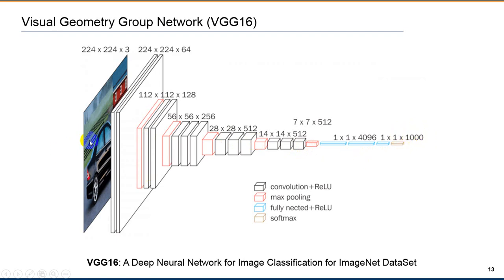It can differentiate between 1000 classes. If the major object in the image is a car, it will tell us it is a car, and if there is something else, it can classify it as another object. There are 1000 object classes in this specific dataset, which is the ImageNet dataset.